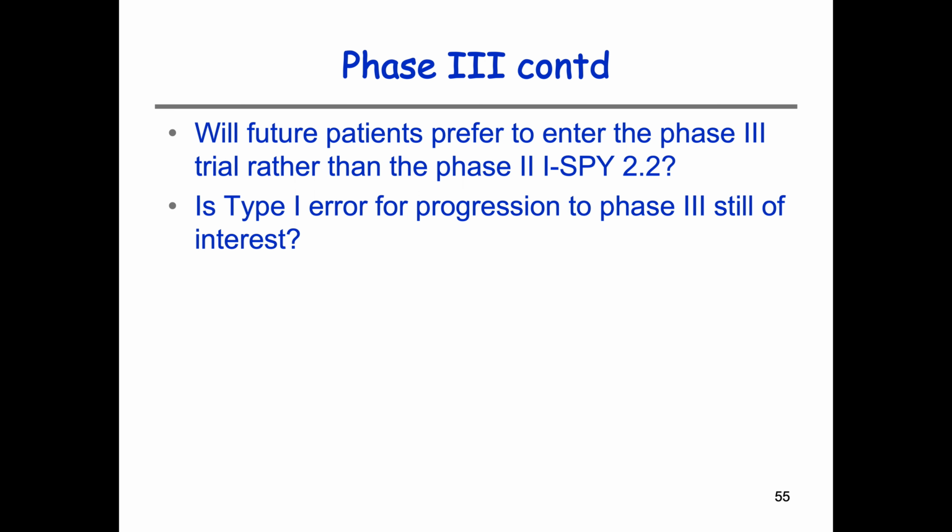Will they volunteer for the phase 2 trial when they can go into a phase 3? And is the type 1 error for progression to phase 3 still of interest? That is, what are the errors in the decision for progression? Is it not of interest anymore because of Bayes? Or do the frequentists have a point here?